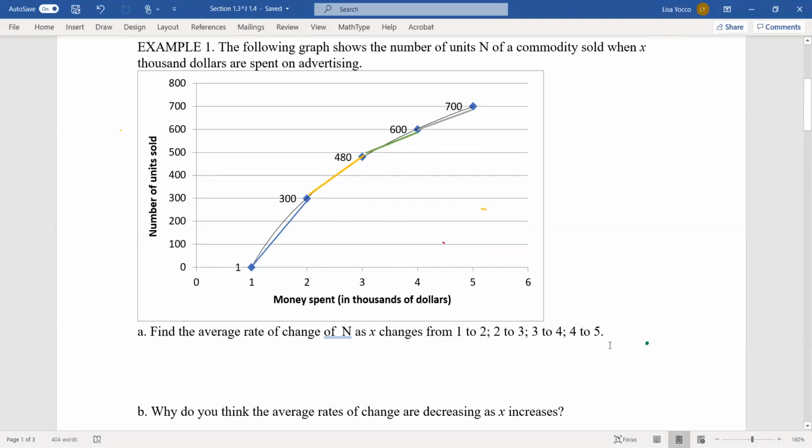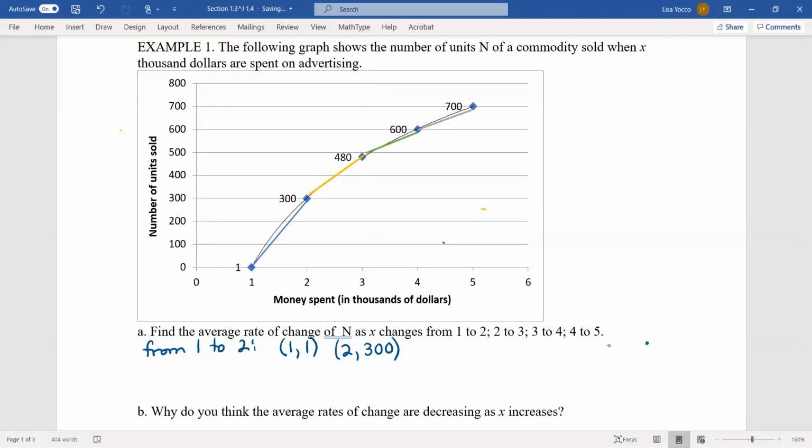Okay, so from 1 to 2, we're basically looking at the slope. It looks like the first point is 1, 1, and the second point is 2, 300.